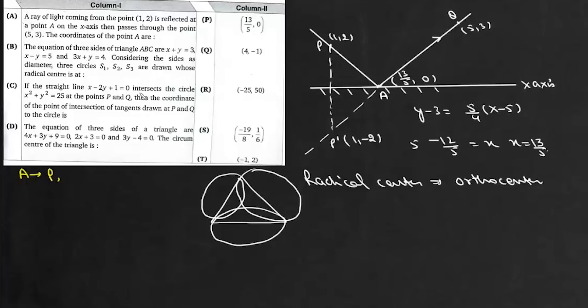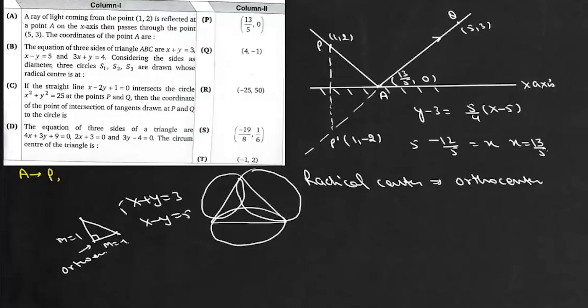And if we look at these two sides, x plus y equals 3 and x minus y equals 5, the product of slopes is minus 1, as one of the slopes is plus 1 and the other slope is minus 1. It's a right angle triangle, and if it is a right angle triangle, then its orthocenter is at the point where it is making that right angle.